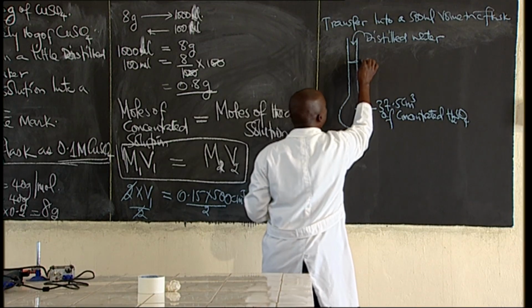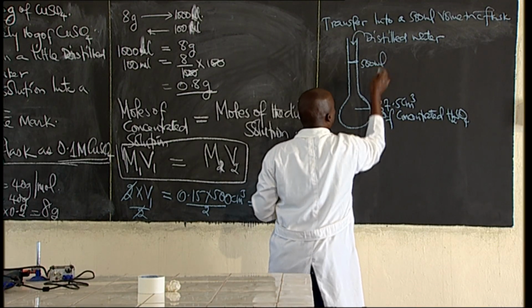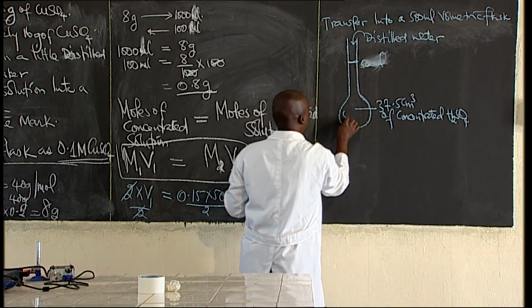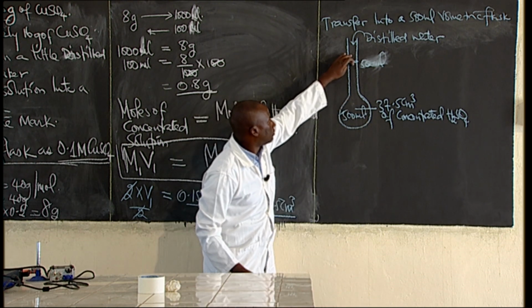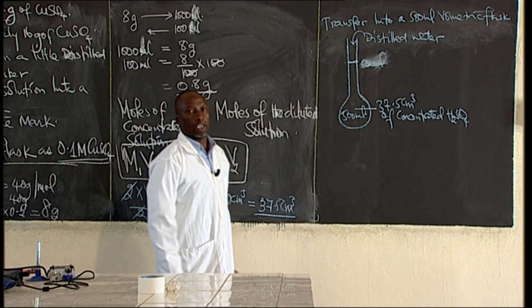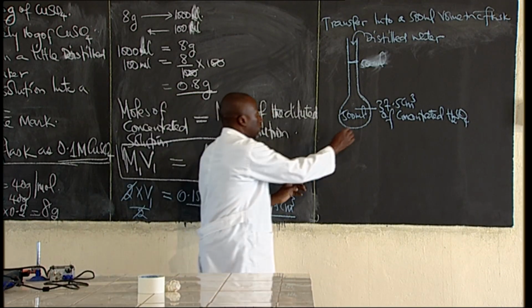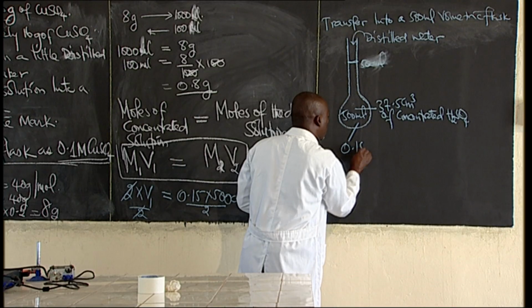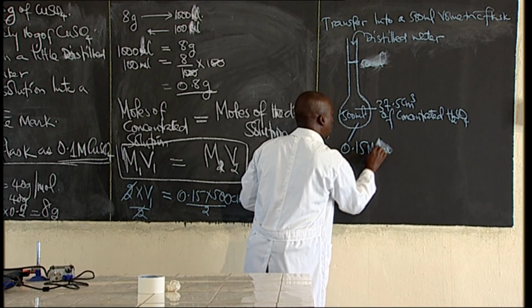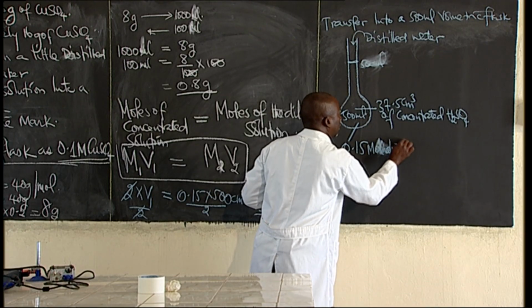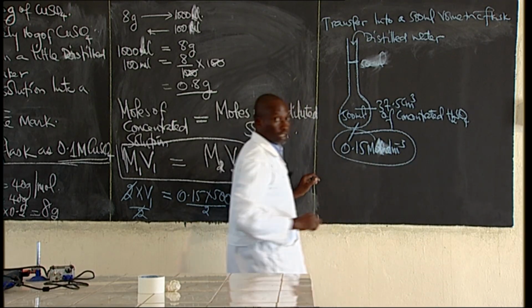This is a 500 milliliter flask, so you fill it up to here. The solution that you have got will be 0.15 molar per decimeter cubed. That is the solution.